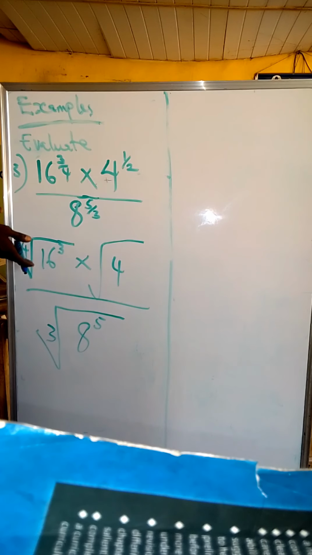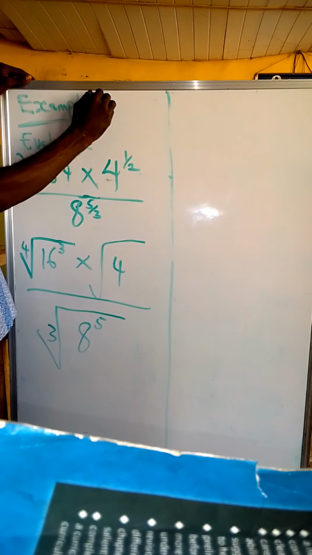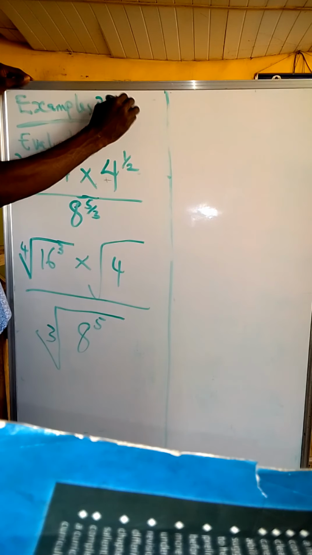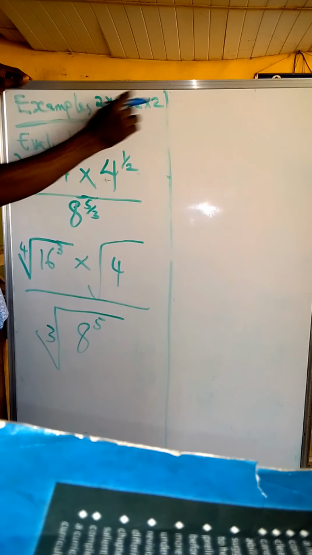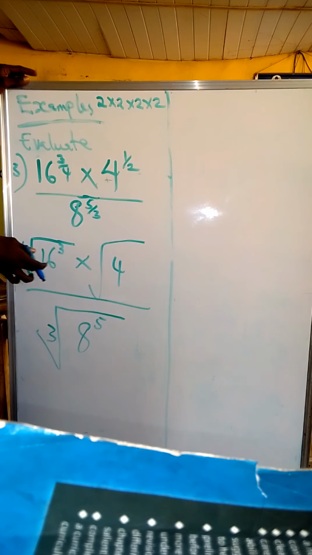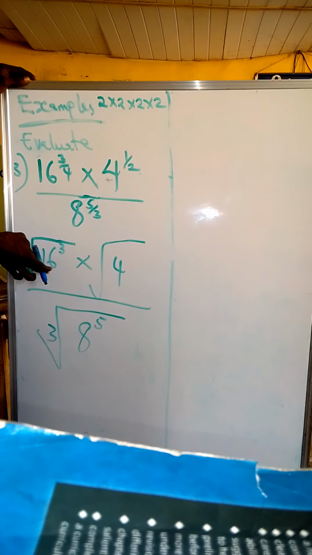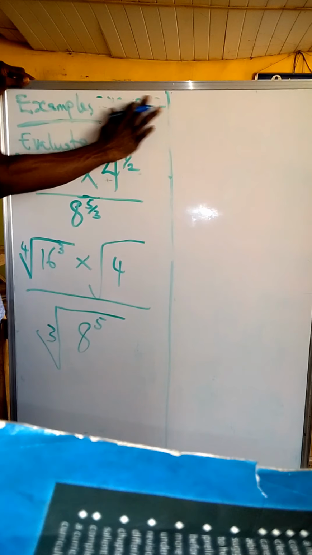Now what this implies is that you are looking for a number that you multiply 4 times that will give you 16. And that should be 2 multiplied by 2 multiplied by 2 multiplied by 2. That means 2 in 4 places will give you 16. That's what this thing means. So that is 2.